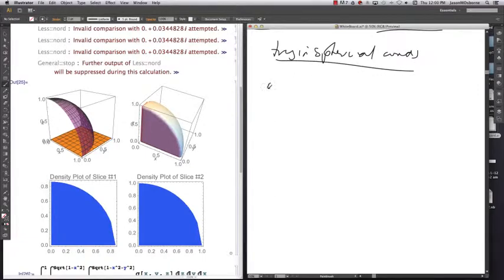As in the last problem, you need to do this in stages. You need to take your density function and convert this to spherical coordinates.